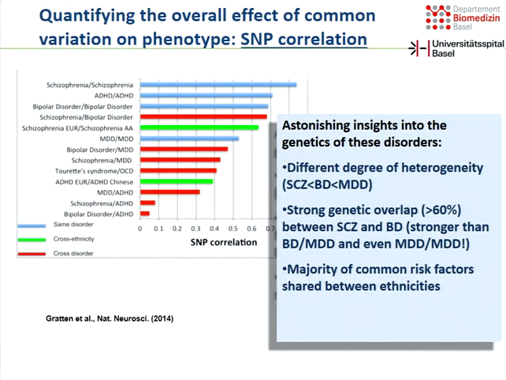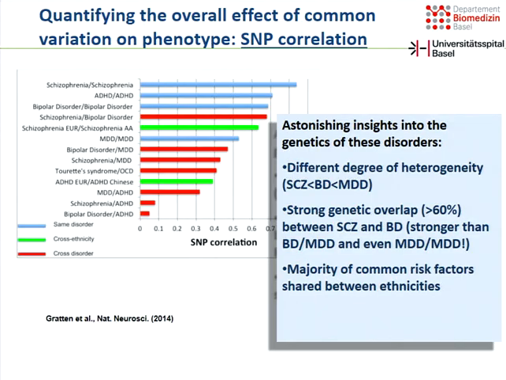So the insights basically are, there are different degrees of heterogeneity that we observe. Schizophrenia is probably the most homogeneous, bipolar disorder less homogeneous, but really clearly heterogeneous is major depression. Then there is a strong genetic overlap, particularly strong between schizophrenia and bipolar disorder.